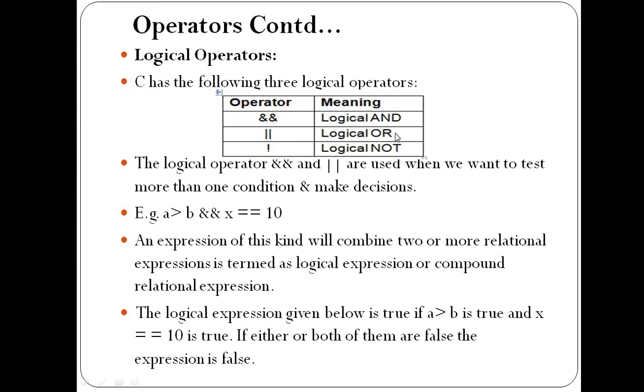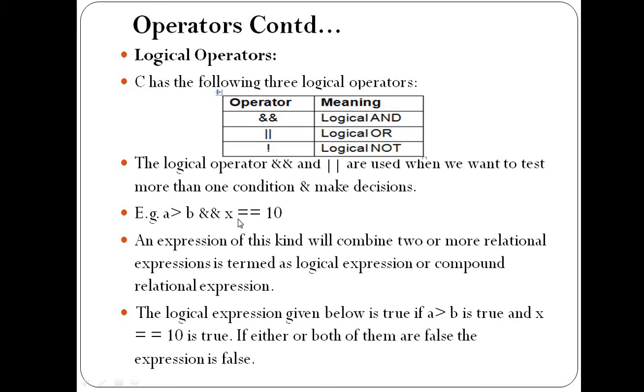In logical AND, what is required? Both conditions must be true, means A must be greater than B and X must have the value 10, then and only then will this statement be executed. If only one is true, means A is greater than B but X does not have the value 10, then this statement will not be executed.